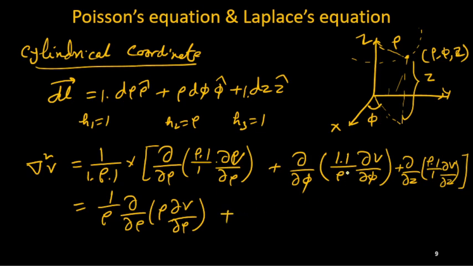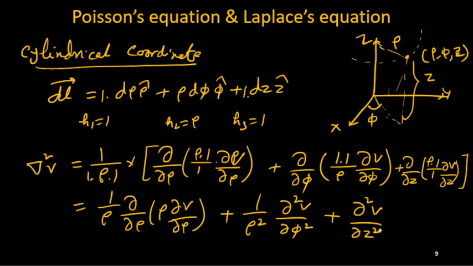For the next one, this rho I can take outside because it is a derivative with respect to phi, so this rho into this rho is 1 upon rho square, and now I can take a double derivative, del square V with respect to phi square. And for the last one, I can take rho outside, and these two will cancel out, so I will be getting only del square V del z square. So this is for the cylindrical coordinate system.